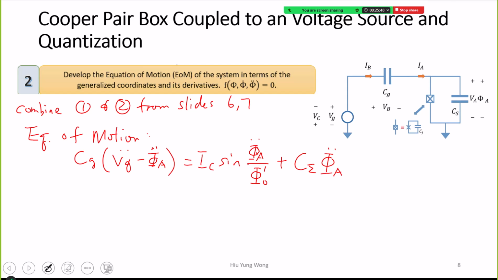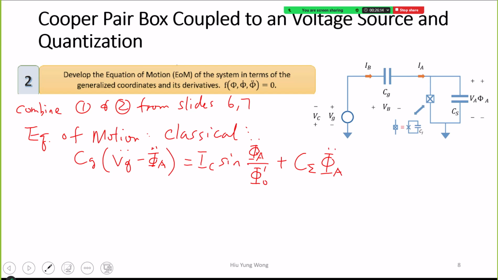So this is the classical, right? You can say this is the classical equation of motion. It basically tells us how the flux A will change as a function of time. All you need to do is just solve this equation. Okay, so nothing special, right? So far, it's just a mechanical operation.